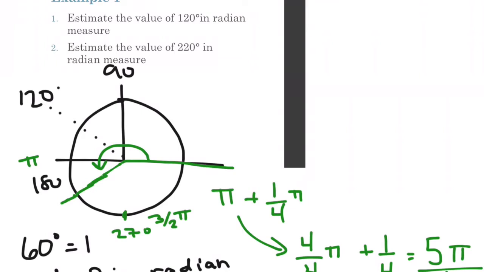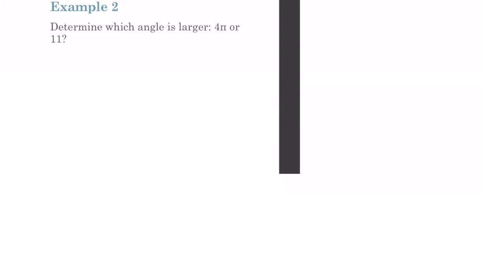Now in class, we had also talked about a couple of equations, and I'll show you those equations in a second. So that we'll go through one more example. Okay, so example number 2, determine which angle is larger, 4 pi or 11, and this again is in radian measurement.